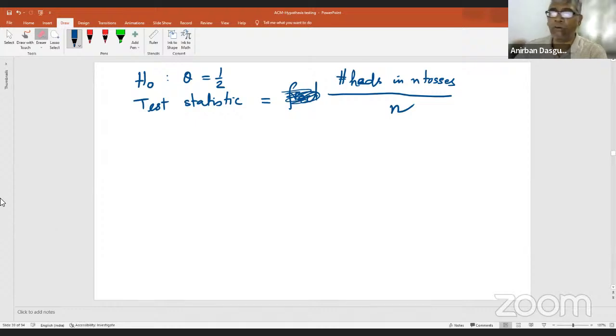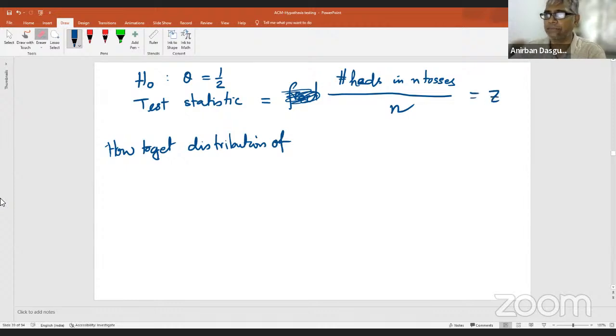Now, what should I do? How to get the distribution of, let me call this Z. No, Z we are going to use later, so let me call that theta hat. Distribution of theta hat under H0. How can I say this? Any thoughts?